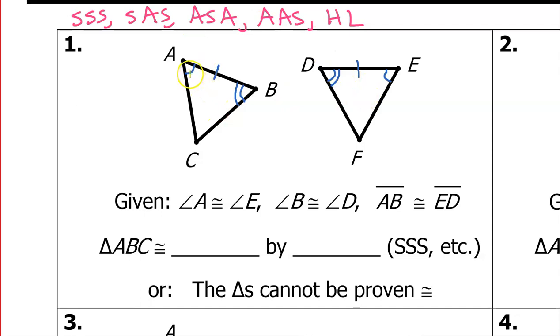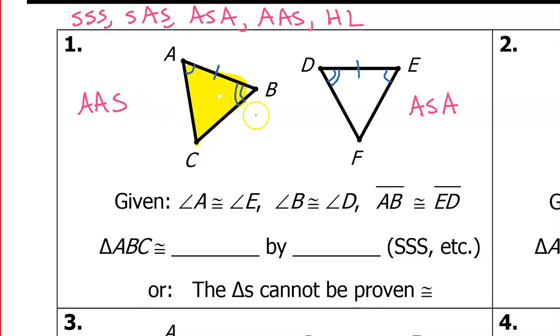So just focus on one triangle at a time. So I'm going to focus on this triangle for now. Looking at this triangle, I see that we have two angles and a side. So that means this is either an angle, angle, side situation, or this is an angle, side, angle situation.